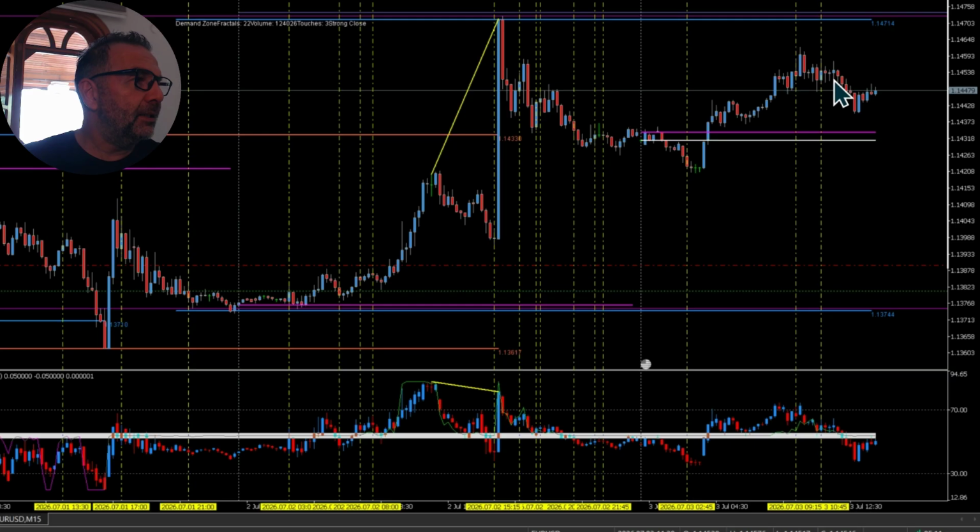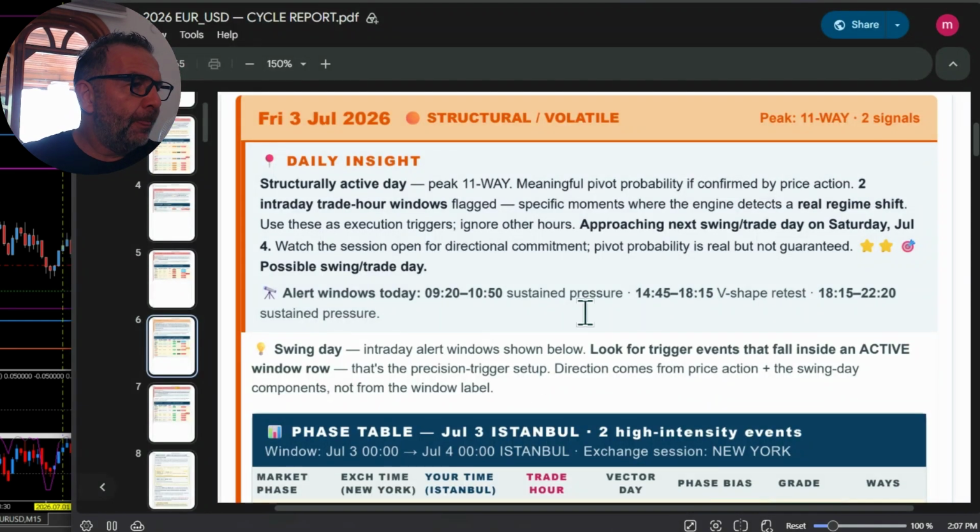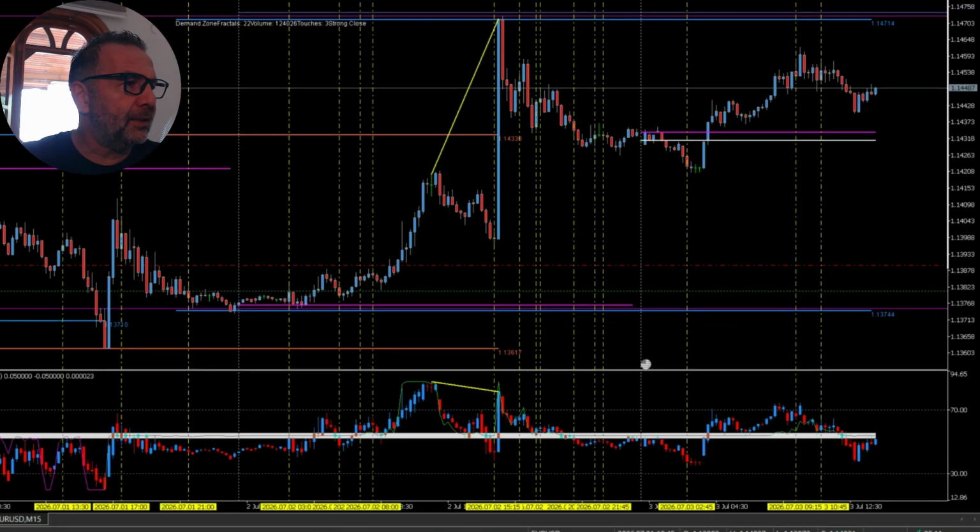So there's a bit of sustained pressure. As you can see, this is where the market kind of stalled. All right, so there's sustained pressure there. The price is under pressure. And then from 2:45 to 6:15, a V-shaped retest. So, well, there's your V-shaped retest happening as we speak.